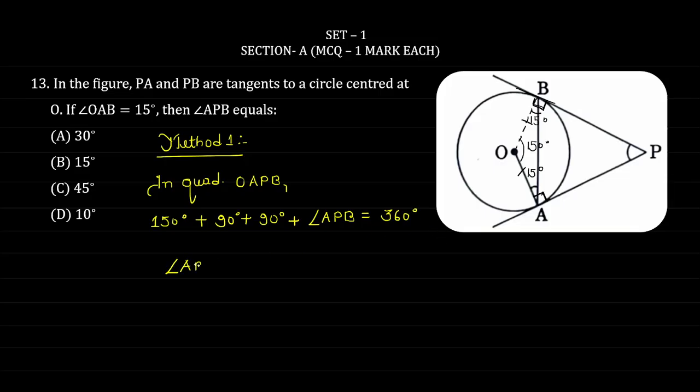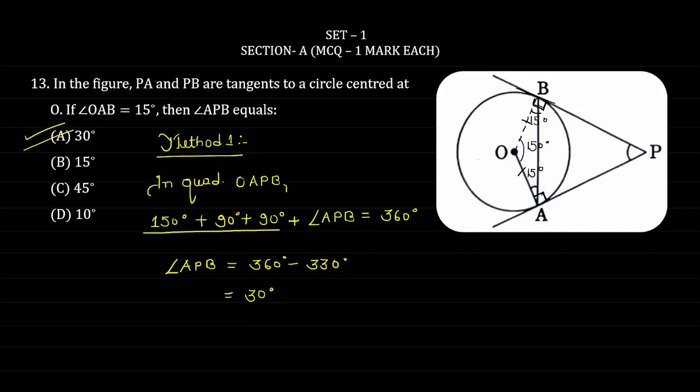So angle APB is equal to 360 degrees minus 330 degrees, the summation of all these values. So the answer for this question is 30 degrees. This is one way.